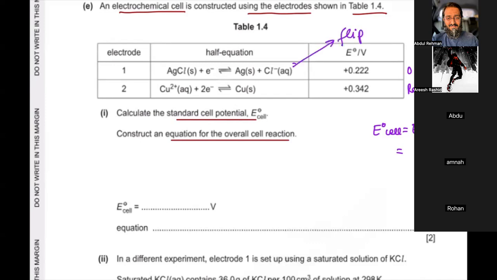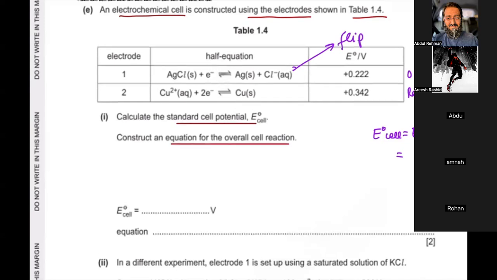So you are going to mark all these before attempting. So it is going to be 0.342 minus 0.222. Okay, thank you, Faizan. So the value is 0.120 volt. So I'm going to write 0.120 volt. Okay. Now for the equation.